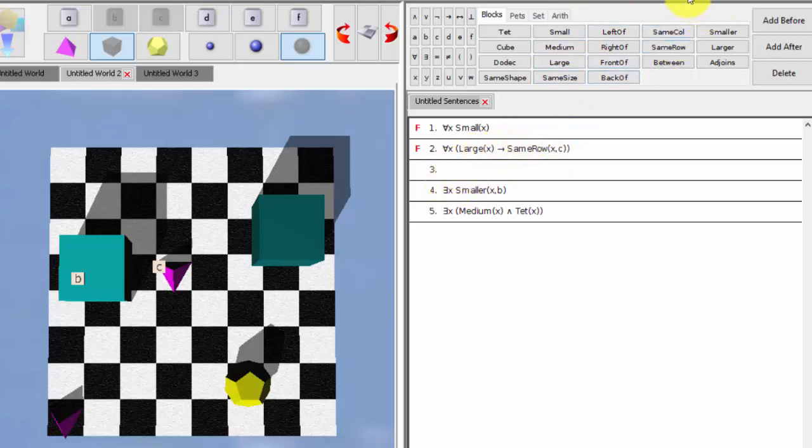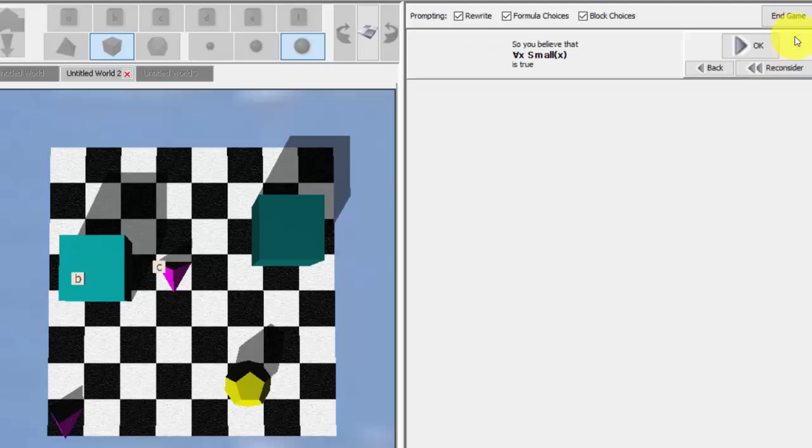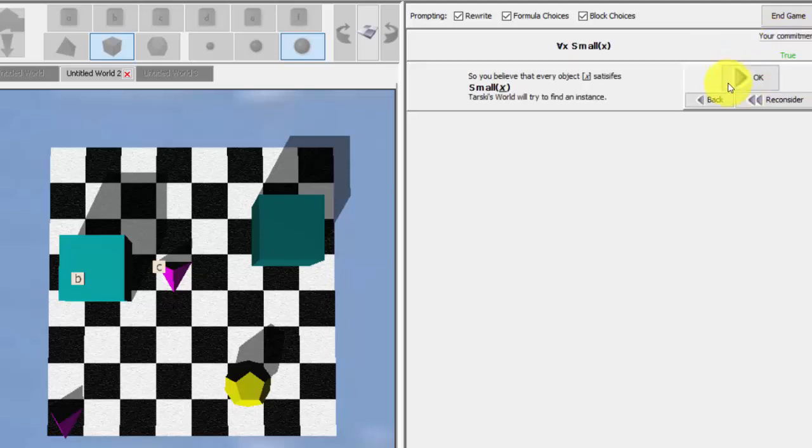All right, so let's look at the Hintikka game with some of these. Let's say that we commit ourselves to everything being small being true, just to see what happens when it proves this wrong. So notice it's going to tell me that I believe every object satisfies this particular well-formed formula.